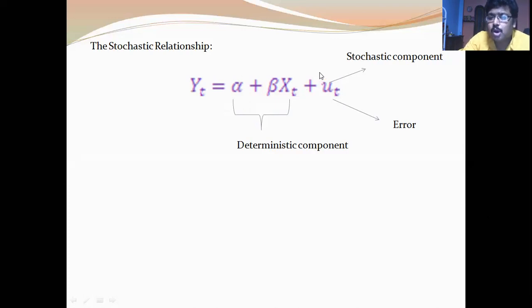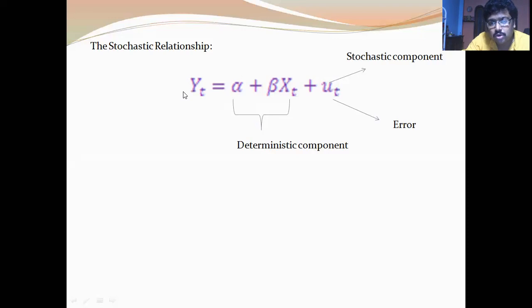Effect of a large number of omitted variables. For that reason, we have introduced ut. We should consider the effect of a large number of omitted variables, because in our example the expenditure of a family depends on the income of the family, but also it depends on the assets of the family. Also it depends on the size of the family. So these variables have not been considered in this equation.